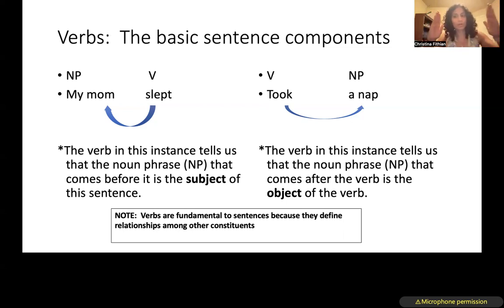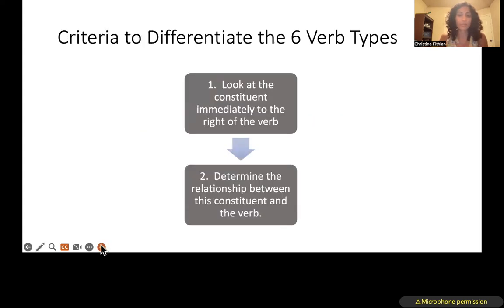So you can kind of narrow it down based on what you know about each type of verb. So verbs define the relationships among other constituents. So when we're looking, once again, and trying to figure out what type of verb we have, just as we would cross the street, look to the left, look to the right, and see if you can figure out the relationship between the constituent to the left and the constituent to the right of the verb.